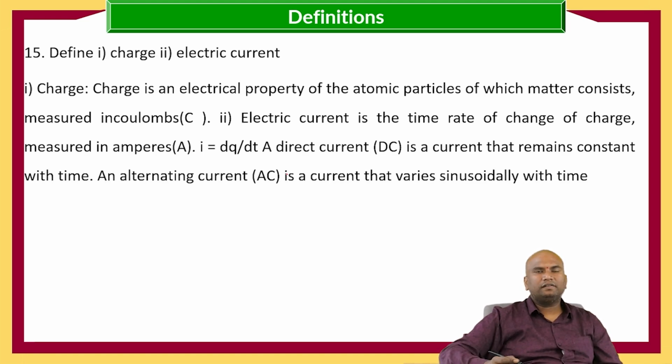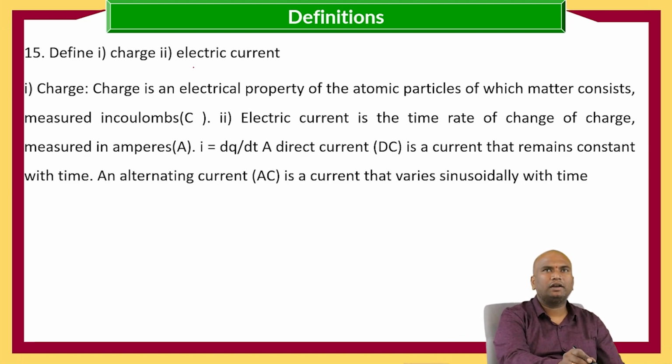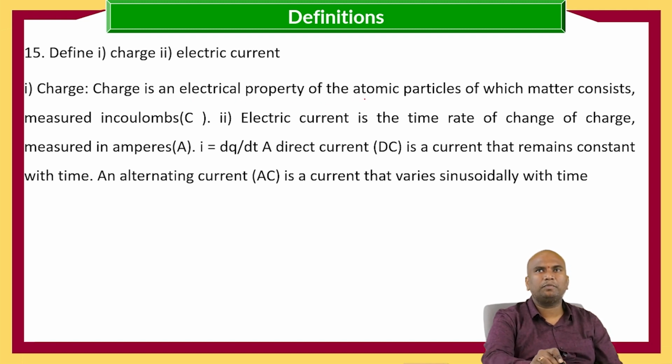The next one is define charge and electric current. Charge is an electrical property of atomic particles of which matter consists, measured in coulombs.